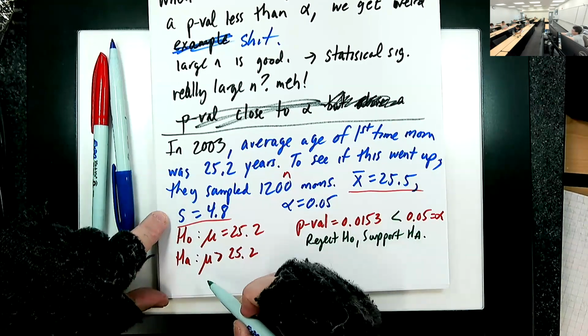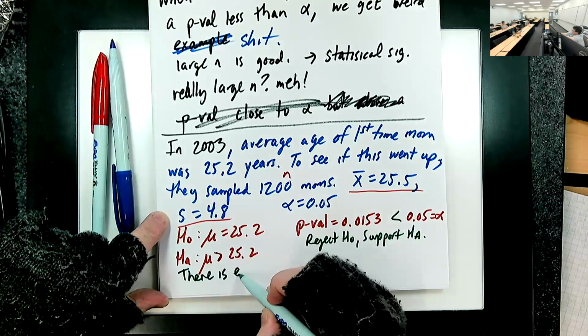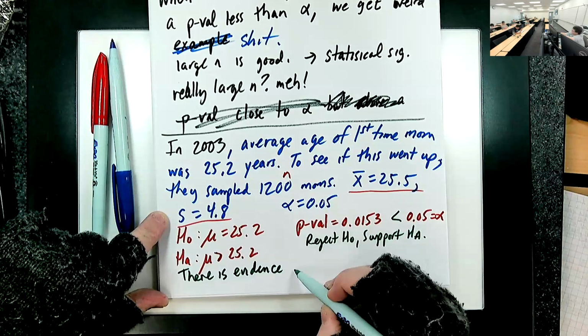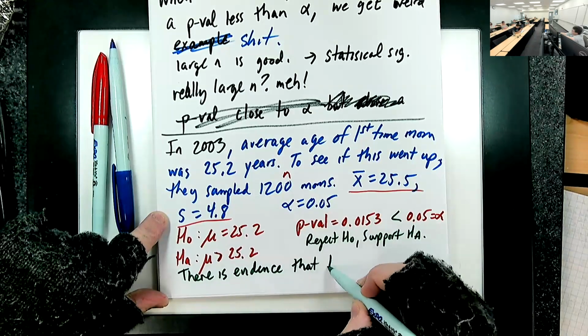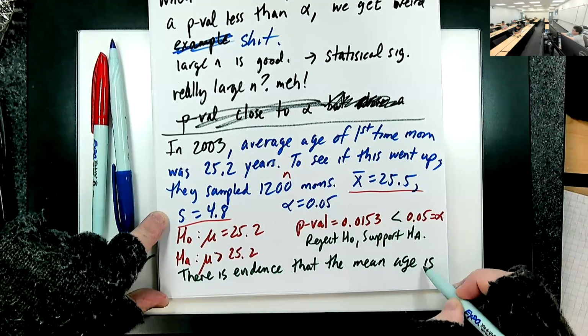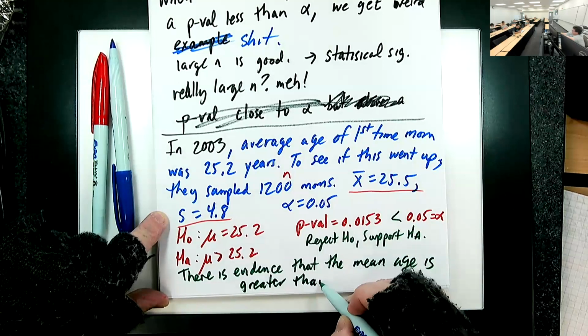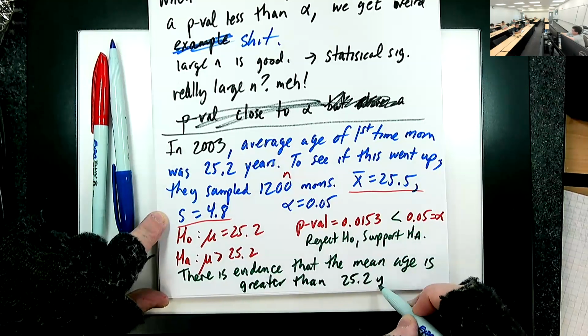HA is, there is evidence that the mean age is greater than 25.2 years.